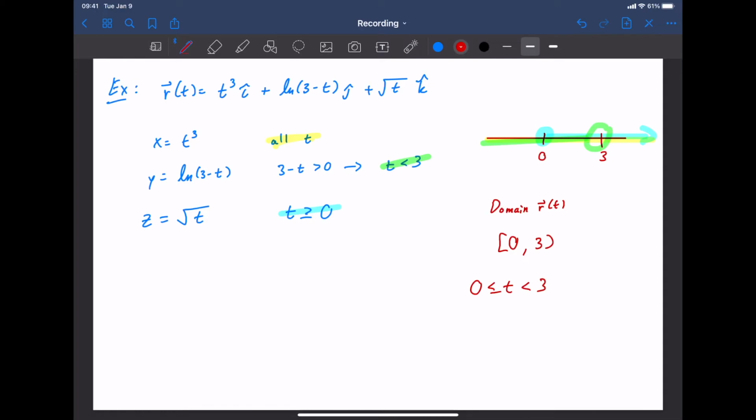That's the intersection of the domains. So when we have something like all t, I'm just trying to say this one more time, it's not doing anything in the intersection. It's not telling you what we have to leave out.